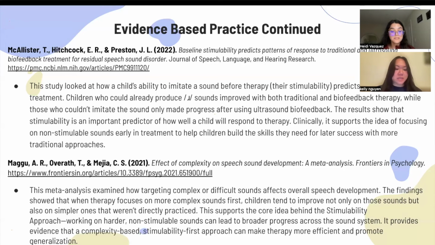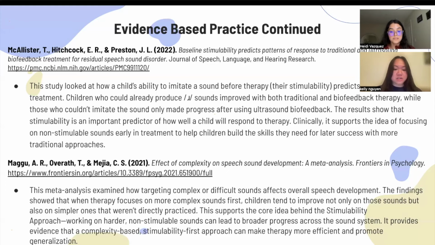A meta-analysis by Magu, Overath, and Mejia examined how targeting complex or difficult sounds affects overall speech development. The findings showed that when therapy focuses on more complex sounds first, children tend to improve not only on those sounds, but also on simpler ones that weren't directly practiced. This supports the core idea behind the stimulability approach.